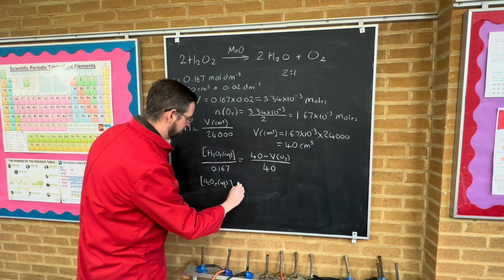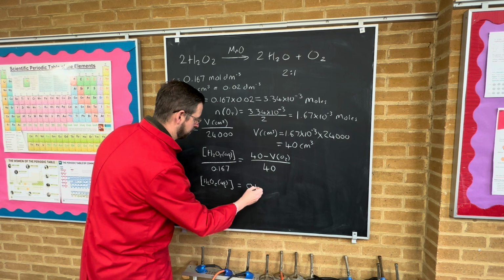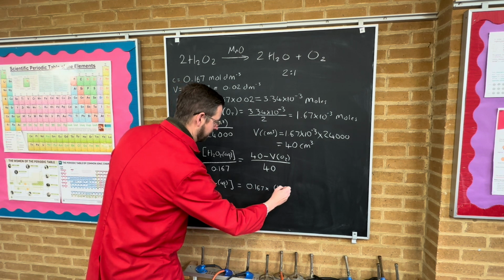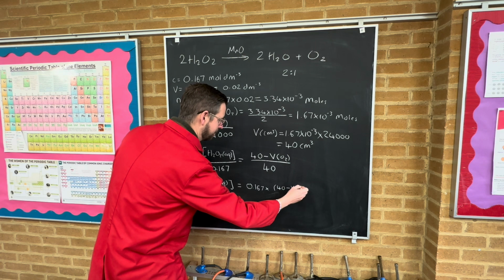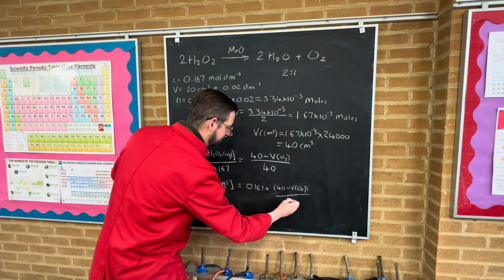I need to just multiply both sides by 0.167. 0.167 times 40 minus the volume of the O2 over 40.